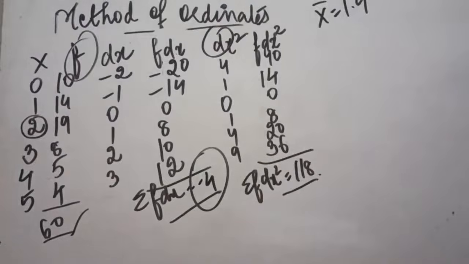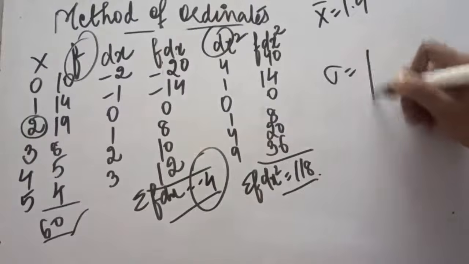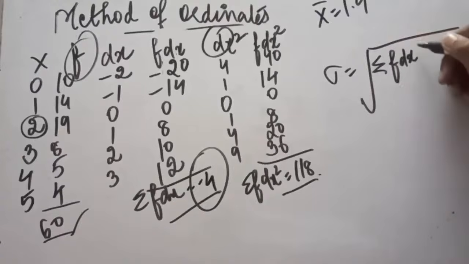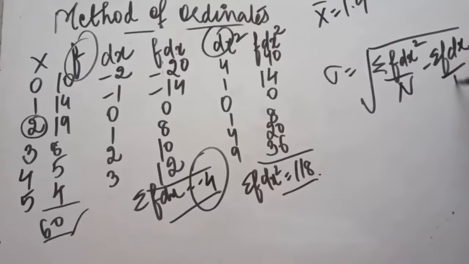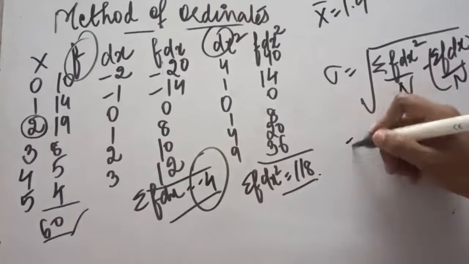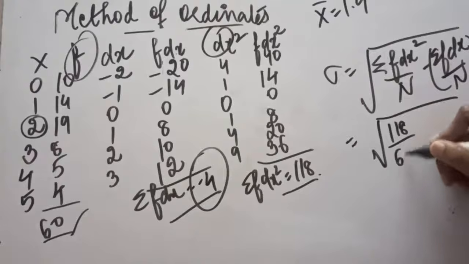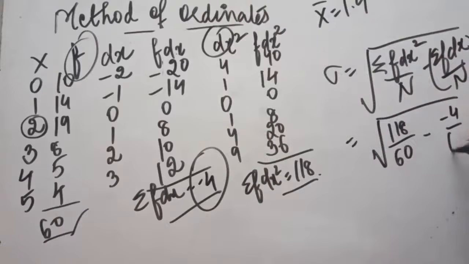Now in the second step, standard deviation is required, as we have done in case of measures of dispersion. The formula of standard deviation is this. So this is the second step in the fitting of normal distribution curve. Sigma f dx square is 118, n was 60. Sigma f dx comes out to be minus 4 upon n, 60, square. So this is how we will be calculating the standard deviation.